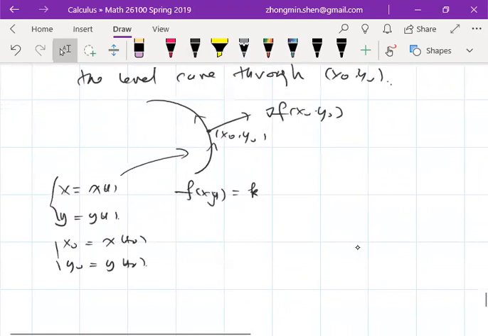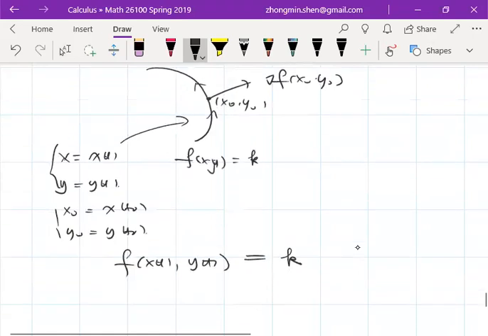Now, since this is a level curve, f of x of t, y of t is always a constant, right? Yeah, because it's a level curve.